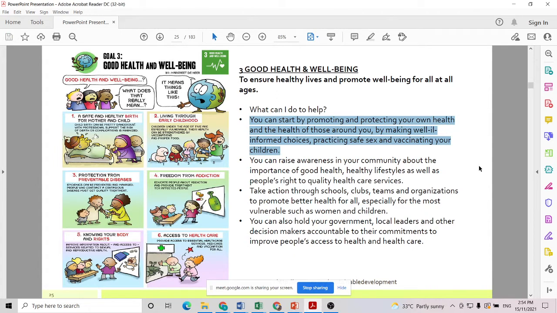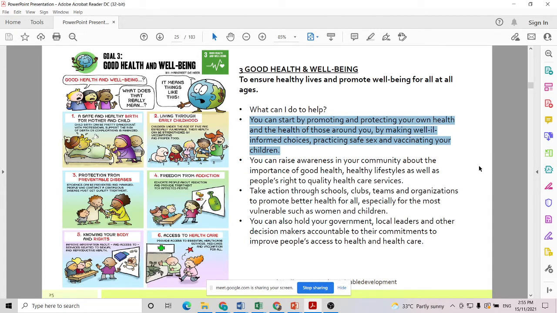Vaccination is used to protect against viruses. If you have a bacterial infection, you can take antibiotics. But if you have a virus infection, at this current time you don't have any medical cure. So you need to protect yourself.